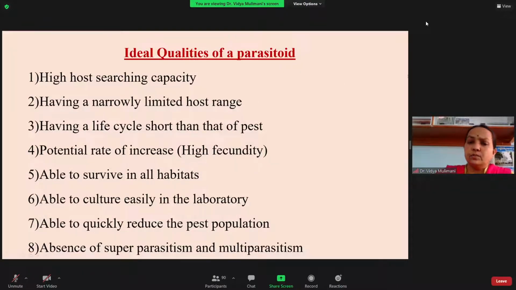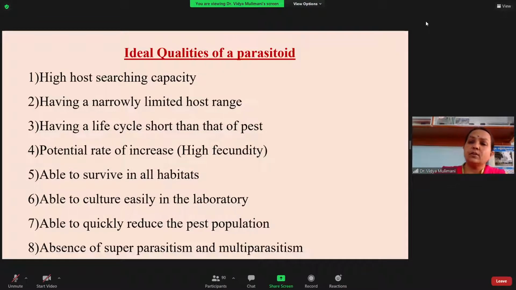When we import, we also get insect pests which are not there in India. So suddenly, just like COVID, you can see an outbreak of those pests. Under such conditions, we import the natural enemies from the pest's native region to control it. So during the import, what are the good qualities of a parasitoid?